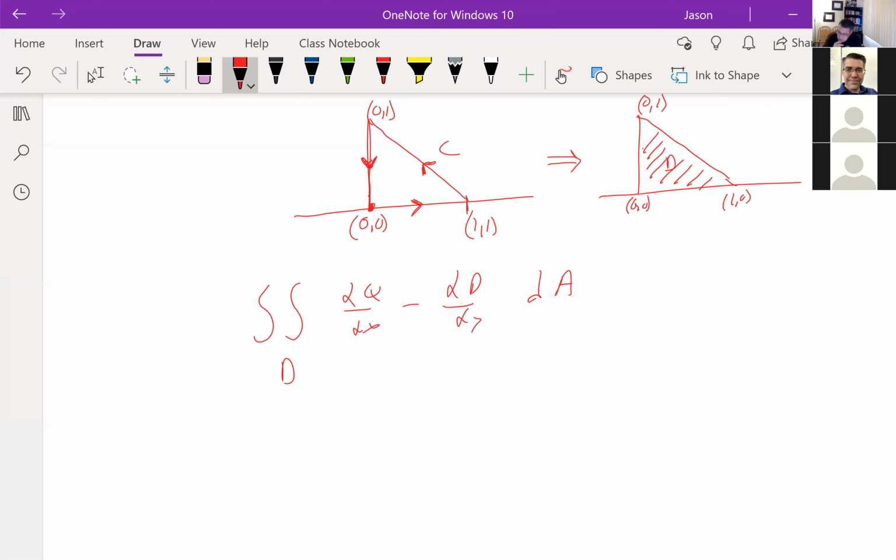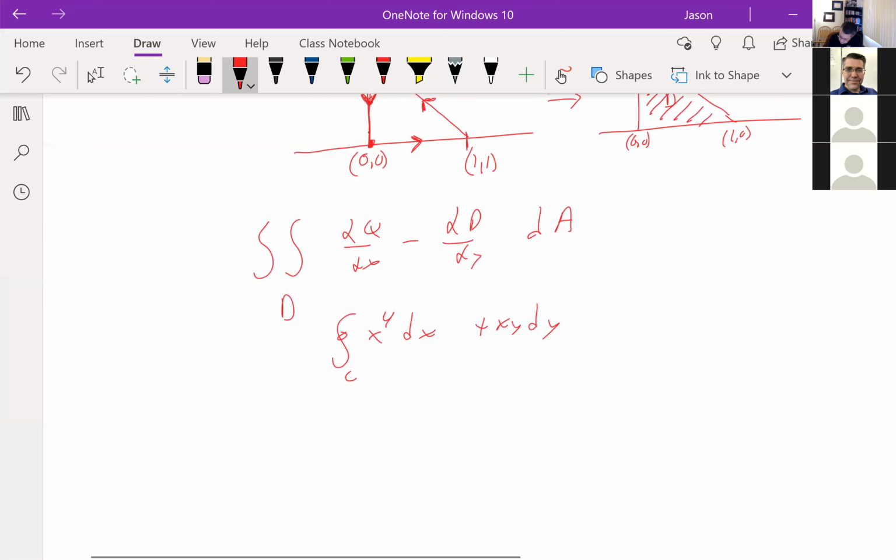Interesting, nice. So the first thing I have to do is find the partial of Q with respect to x. Well, what was the original function here? We had x to the fourth dx and xy dy. We wanted the line integral of that. So P is equal to x to the fourth, Q is equal to xy.